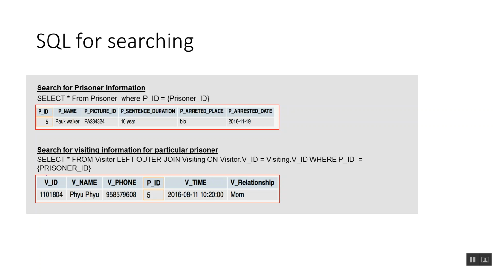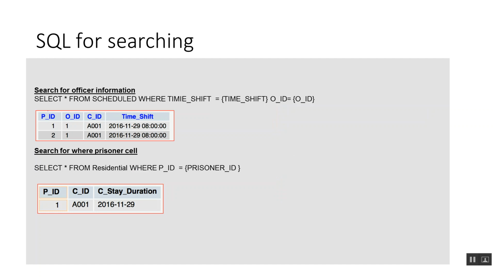Now, if they want to search for the visiting information for a particular prisoner, they will get the visiting information of a particular prisoner and the date and time and relationship of the visitor and the particular prisoner.